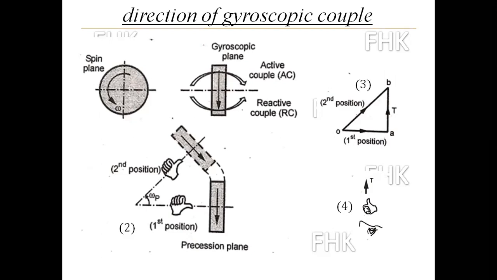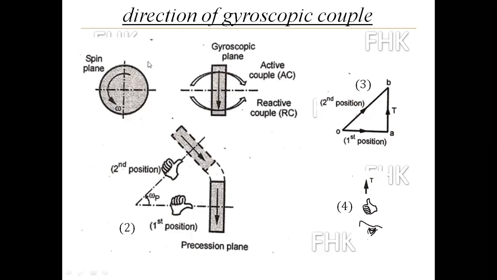At the same time, the tip of the curling finger shows the direction of the active couple. Looking from the bottom at your right hand, you can see the curling finger rotating in clockwise direction. So I will draw the active couple in clockwise direction. When the active couple is clockwise, I will draw the reactive couple in anti-clockwise direction. We are concentrating on the reactive couple; we have to find out its direction.